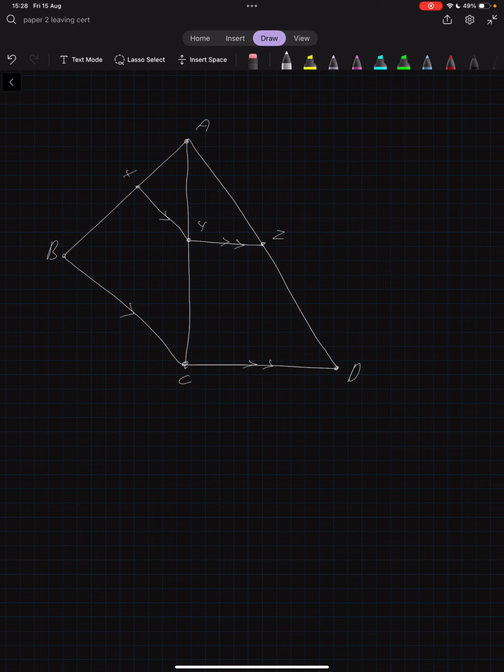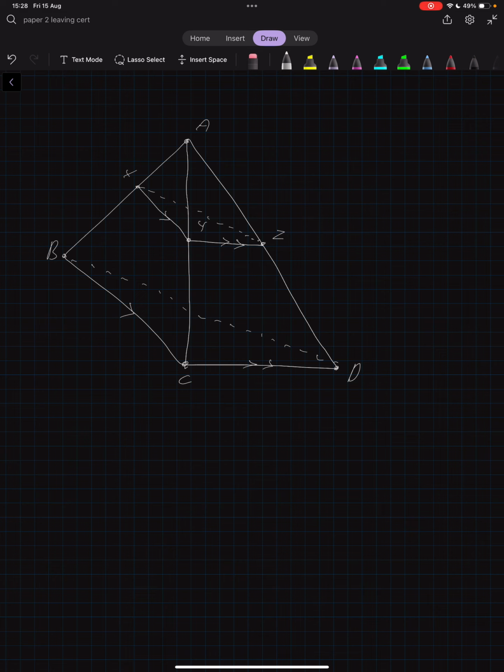So now what they're saying is prove that XZ, so this line, is parallel to this line. And you might sit there and say, I have absolutely no idea as to how I could possibly do that. You take it in steps. You'd say, okay, well, if these are parallel, then what does that mean?